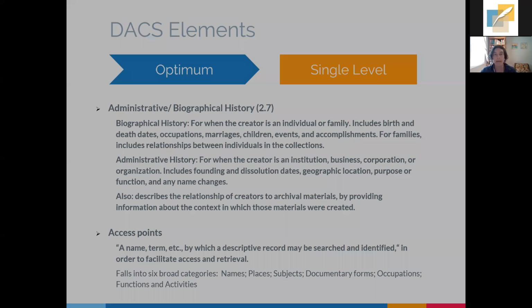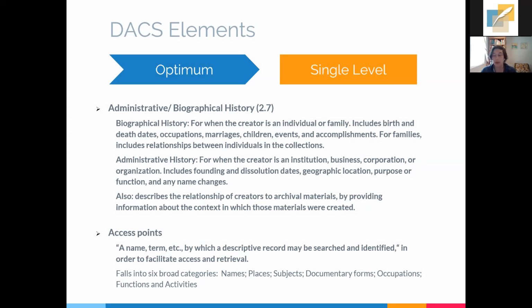And then finally, here are the two extra elements that are in the optimum category for description that we're recommending you incorporate into basic description. I still think this information, while not fully required by DACS, is really key and still a part of basic description.